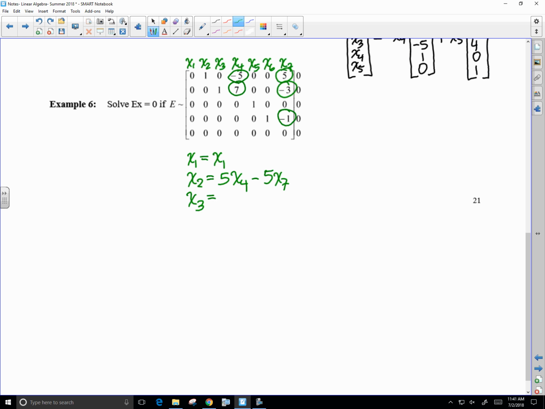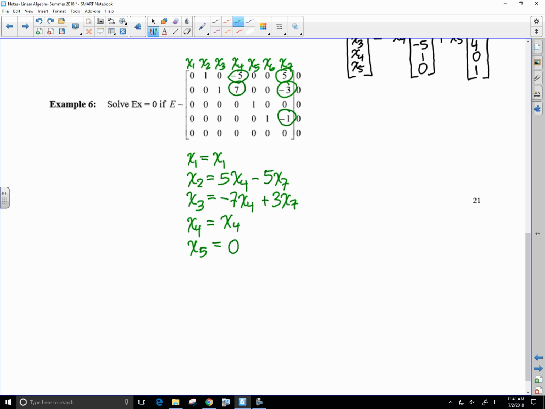All right, x3. We have a negative 7x4 plus 3x7. x4 doesn't have a pivot, so it's a free variable. x5, well, that's just flat out equal to 0. All right, it's completely reduced form, no other coefficients there, so equal to 0.